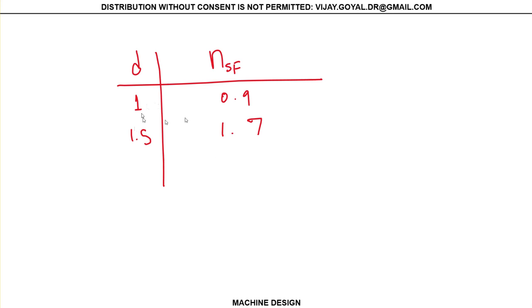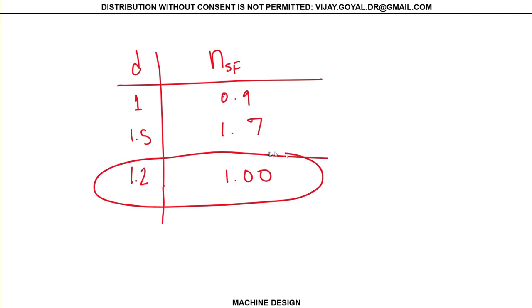Oh, wait, I need to go down because I want to bring this factor of safety as close to 1 as possible. Then I keep iterating, okay? I keep putting different values for this until I can somehow reach it. But these are hypothetical values, by the way, completely hypothetical. I keep going until I reach a value in which my margin, my factor of safety, is actually equal to 1.